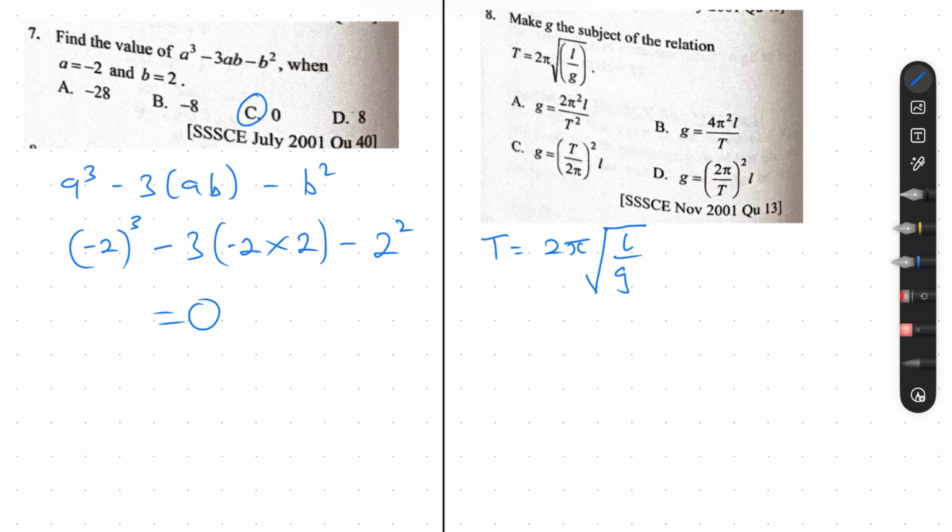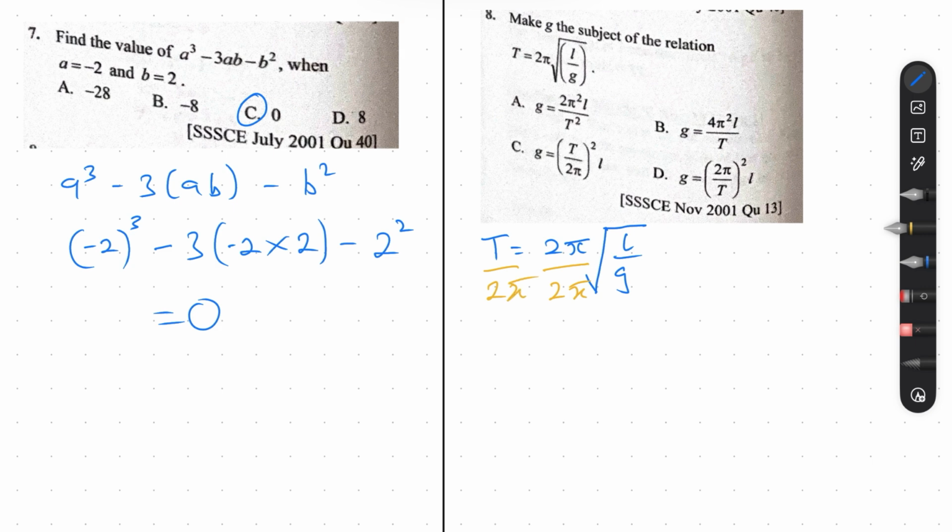So now what we can do is divide both sides. Once we get rid of this 2 pi, this one can stand alone. What we do is we divide both sides by 2 pi. So we can cancel 2 pi out. Let's divide both sides by 2 pi.